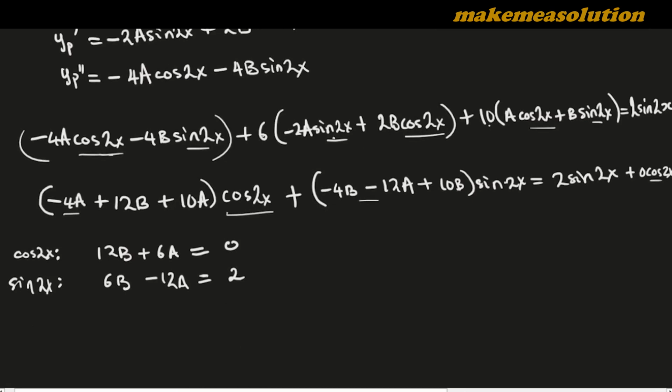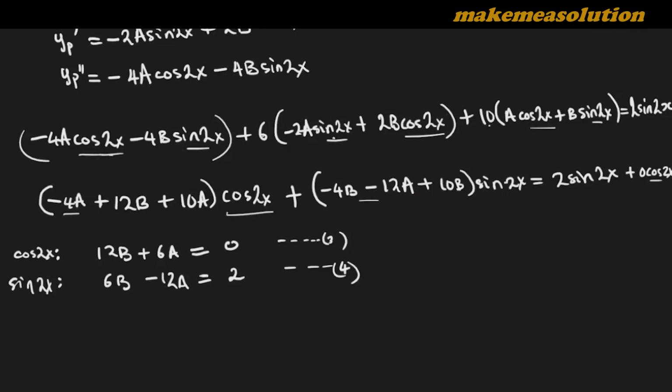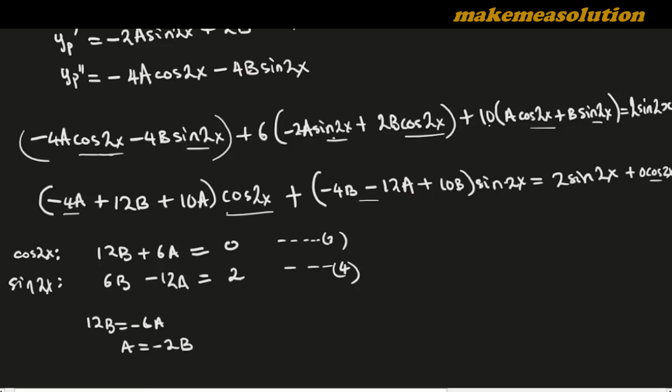So if we solve this system of equations, we are going to get for the first case, from equation 3 and equation 4. From equation 3, you're going to get 12b is equal to minus 6a, or in other words, a is equal to minus 2b. Is that okay? A is equal to minus 2b.